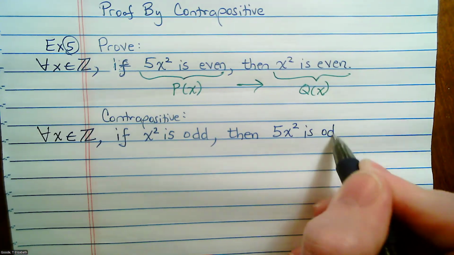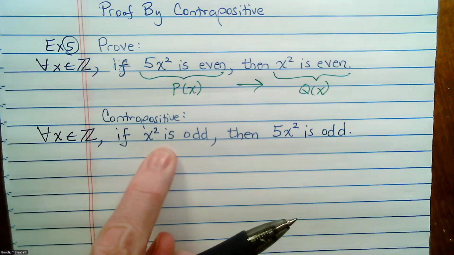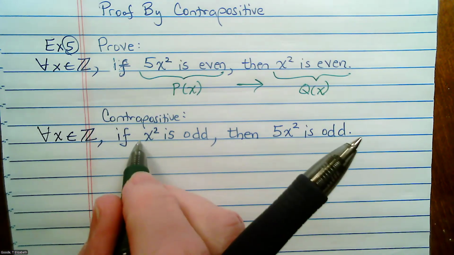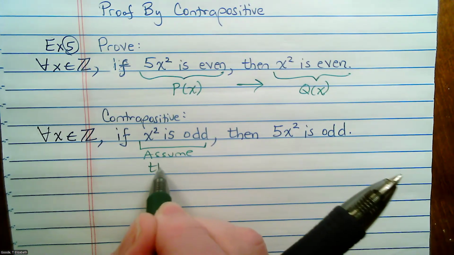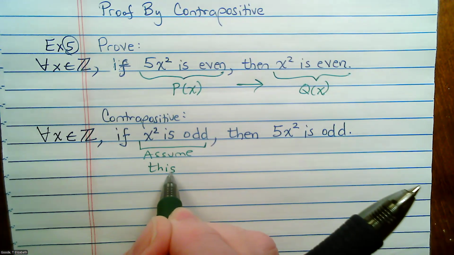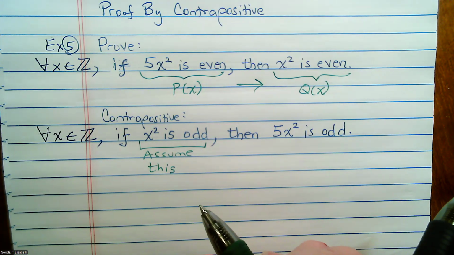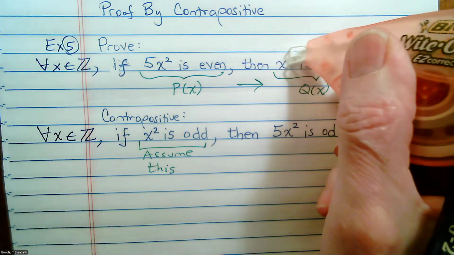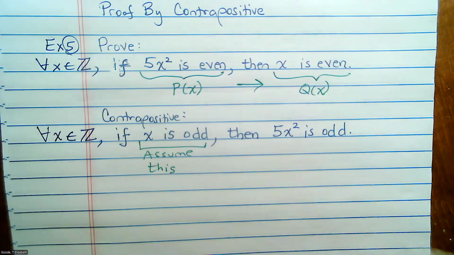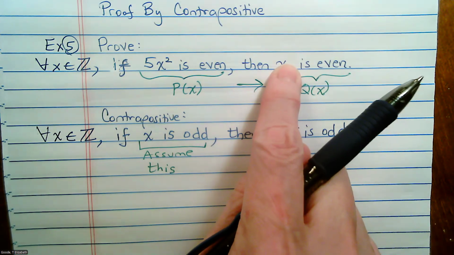So you would just assume x squared is odd. Sorry, I need to make this x. Let me make this just x.